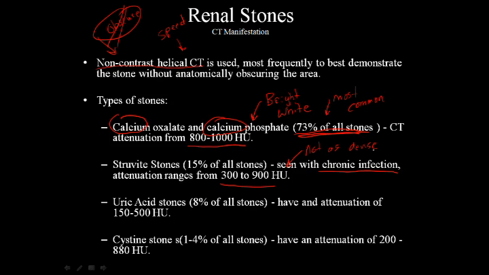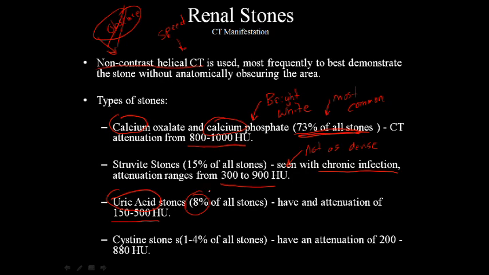Uric acid stones, which are 8% of all stones, have an attenuation of around 150 to 500. So we're decreasing in our density here, and they're only 8%. And so they're formed by uric acid. So we know that uric acid can create a lot of problems, can increase the prevalence of gout, and because of that, we can also see that uric acid will cause stones as well.